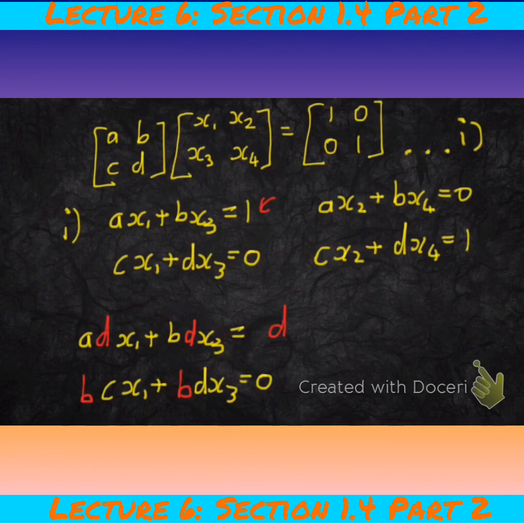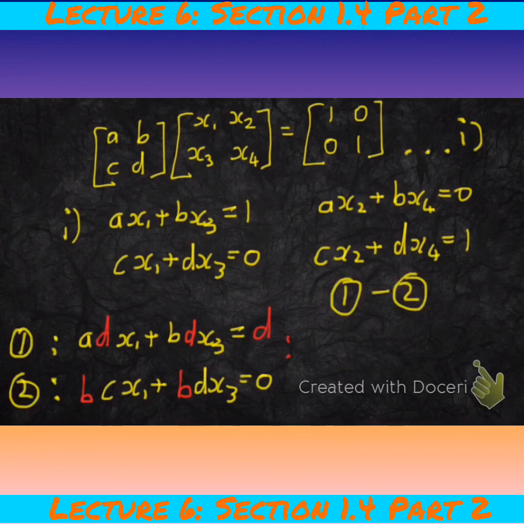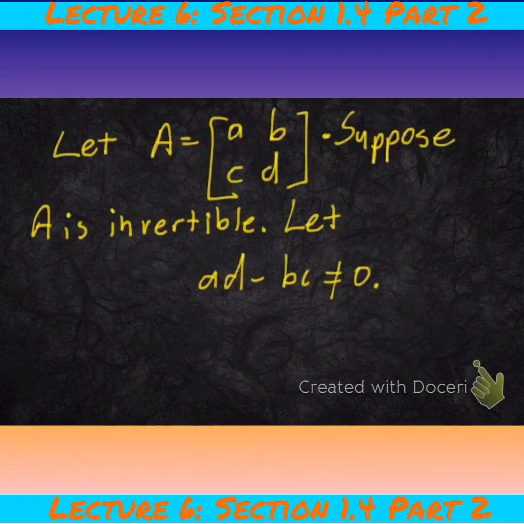So labeling them 1 and 2 respectively, if I take 1 and from 1 I subtract 2, then I basically get AD minus BC times x1 is equal to D. And remember we said that this term AD minus BC is non-zero.